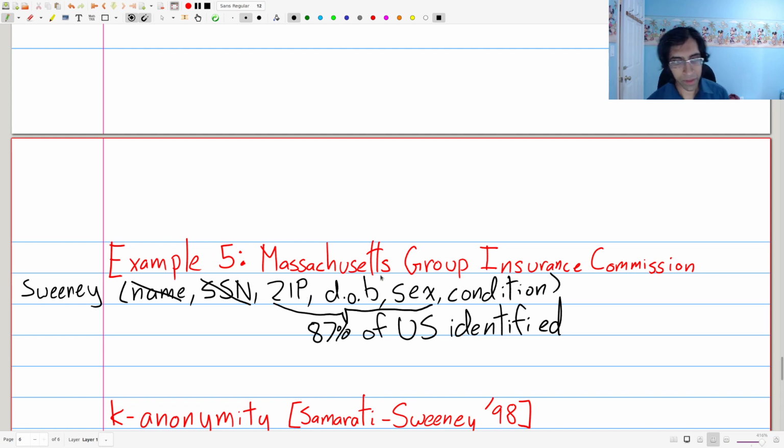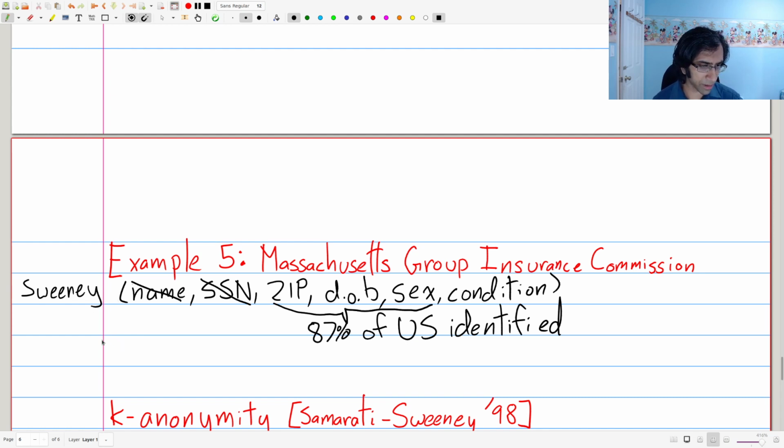So this is interesting, but like I said, if you just know zip code, date of birth, and sex, then it doesn't really tell you who has that zip code, date of birth, and sex. You don't know who they are necessarily. But this is where the same type of attack we've mentioned before comes in, sorry, not side channel attacks, but linkage attacks.